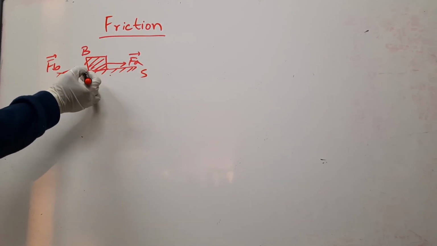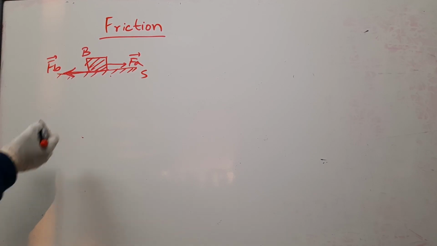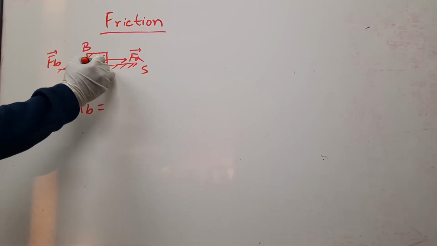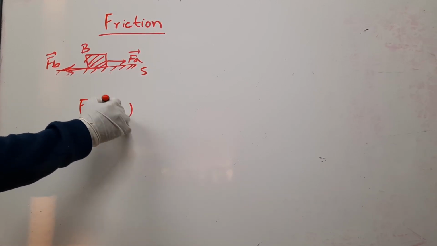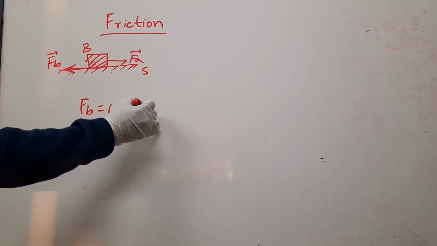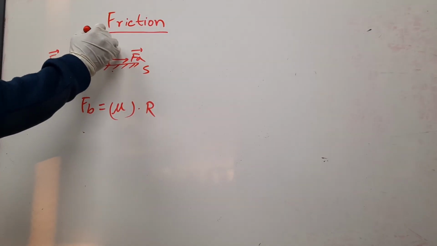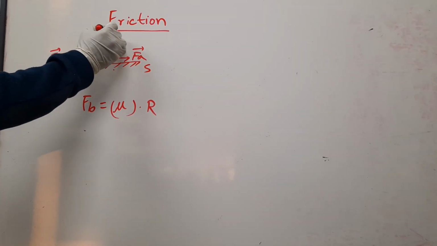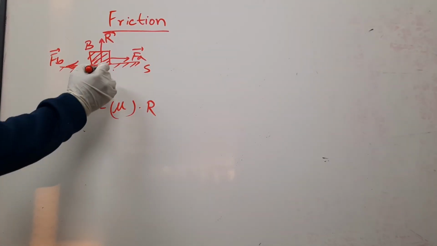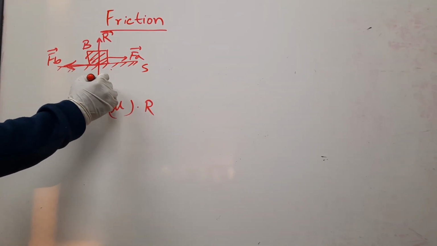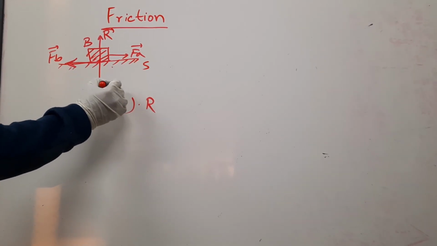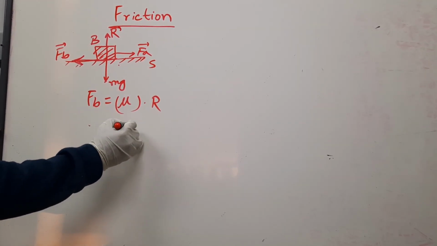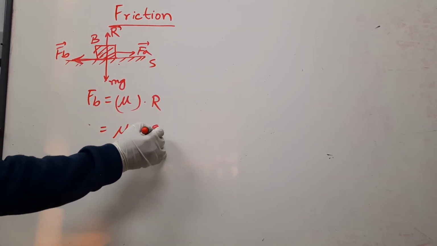Now, how to define this frictional force? This frictional force Fb is equal to mu times R, where R is the force perpendicular to the surface, with a magnitude equal to mg, the downward weight of the object B, where m is the mass of the object and g is the acceleration due to gravity.